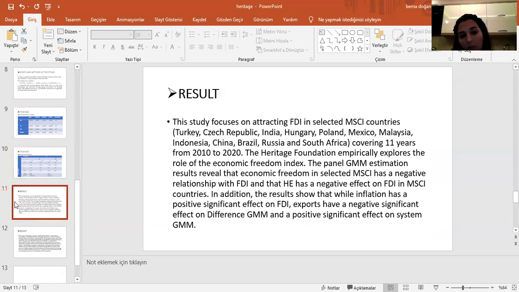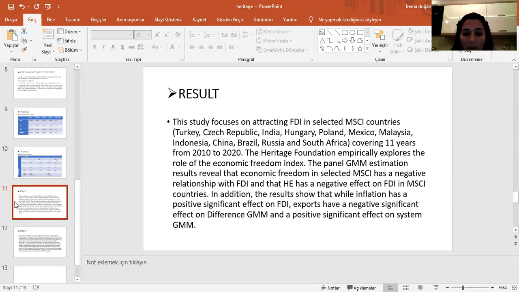In conclusion, this study focuses on attracting FDI in selected MSCI countries, covering the years from 2010 to 2020. The Heritage Foundation's Economic Freedom Index is empirically explored.